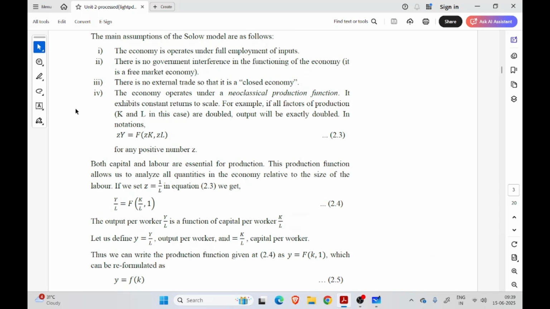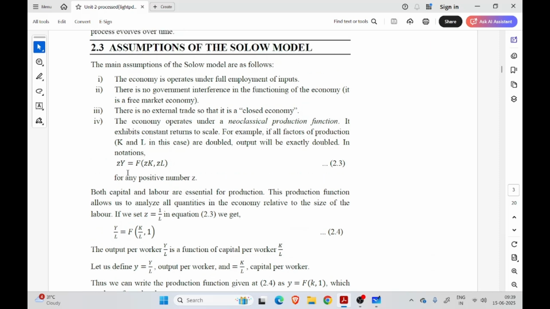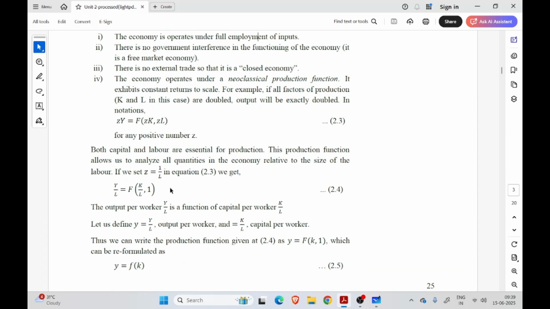So these are four assumptions. Now we will go into assumptions on the production function. Since we already know that this is constant returns to scale, we can reduce the number of variables by dividing the capital by labor and using only per unit capital per unit labor as our variable.